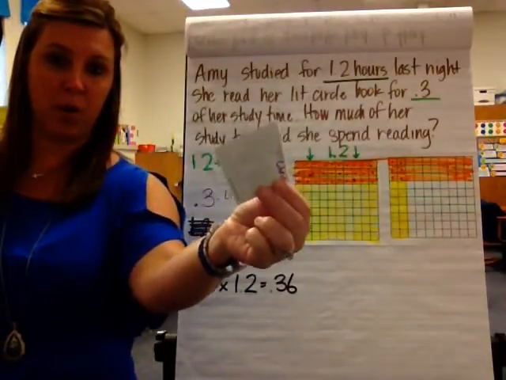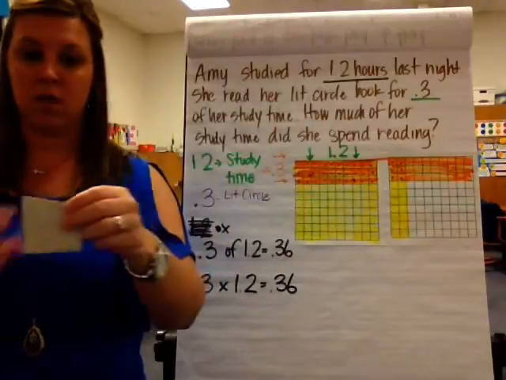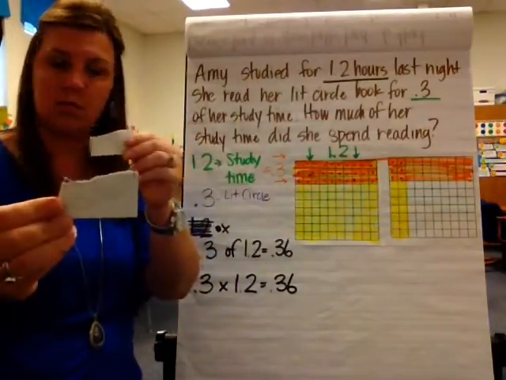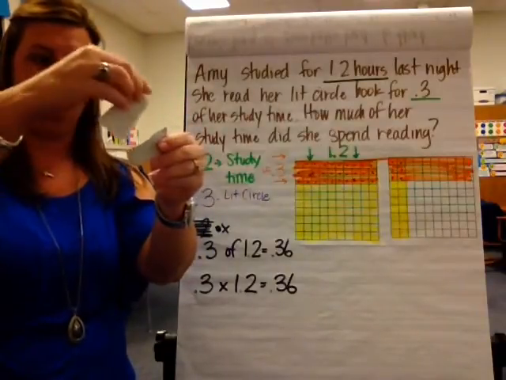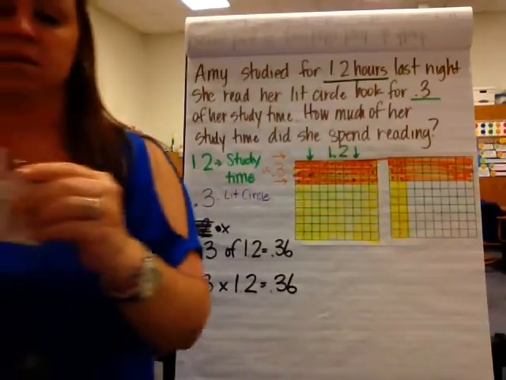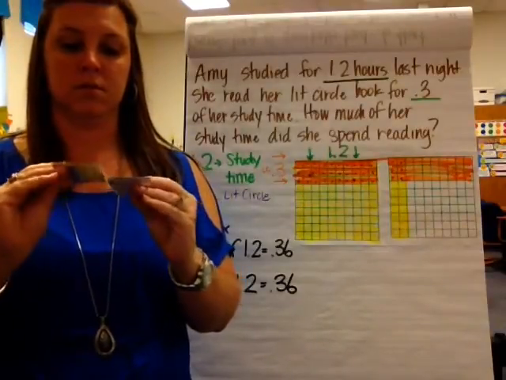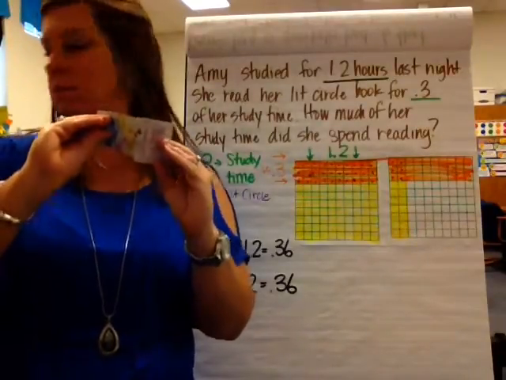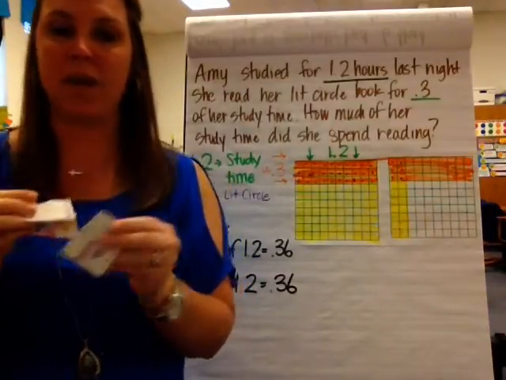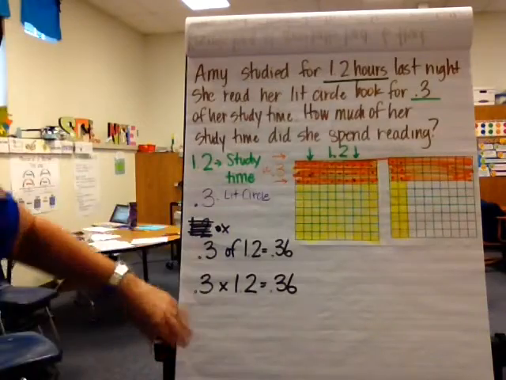Are we sharing a whole part? So if I do this, is this really half? No, this is a part of a part that was originally a part. Okay? Does this make sense? So that's why that's a smaller piece.